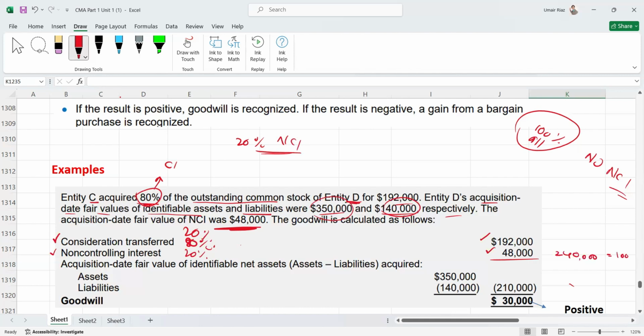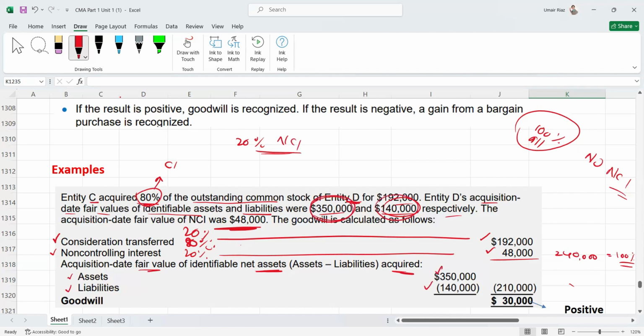This $240,000 represents the value of 100% of the business, because the first figure is 80% and this is the 20%. Now we deduct the fair value of net assets acquired. Net assets are assets minus liabilities: 350 minus 140, so net assets or equity is $210,000.